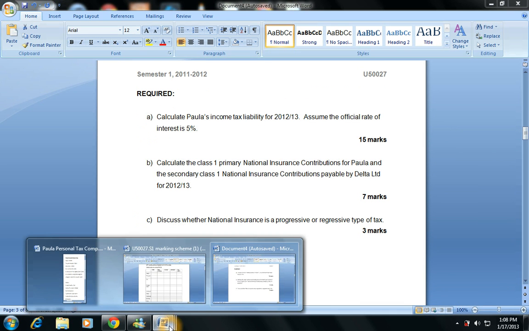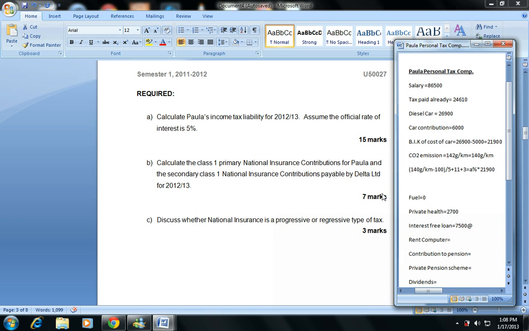So the law is saying we assume the official rate is 5%. So that 5% interest that she didn't pay, out of that 5% she has to pay tax. Do you understand? So that's what the law is saying.